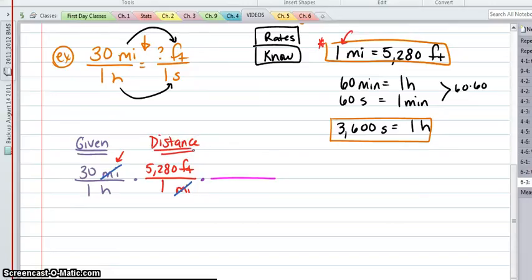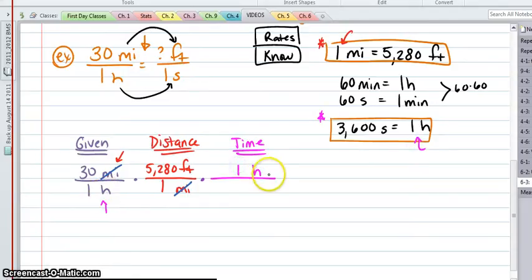The other piece we need to convert is our time. Let's write that here, time. I have 1 hour in the denominator. Again, I want my hours to cancel out and I want to be left with seconds. So how will hours cancel out? They will cancel out if I put hours in the numerator.